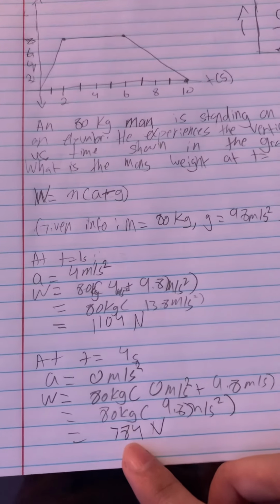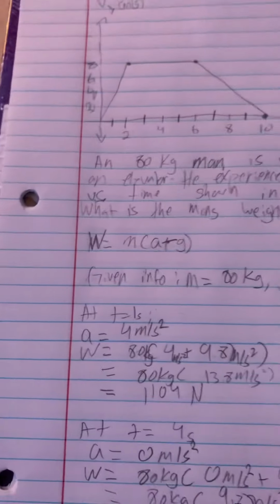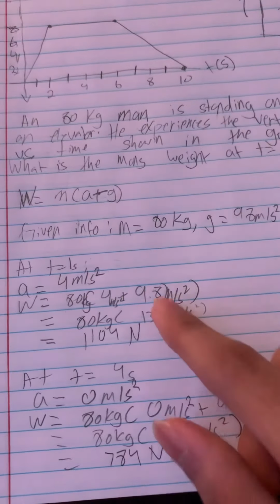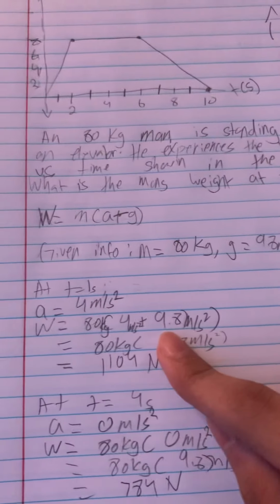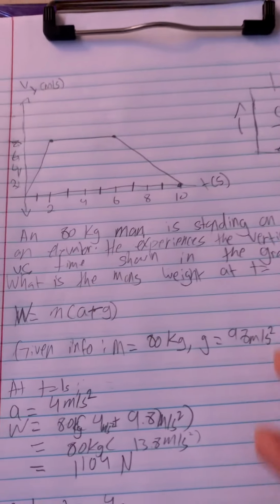And that will get us 784 newtons. And as you can see, this makes sense because this is lower than the first answer. Because when you're going up, when there's a positive acceleration, you should be weighing heavier.